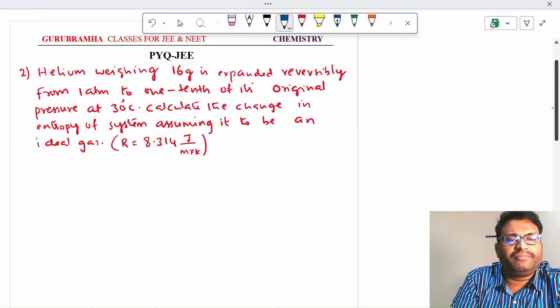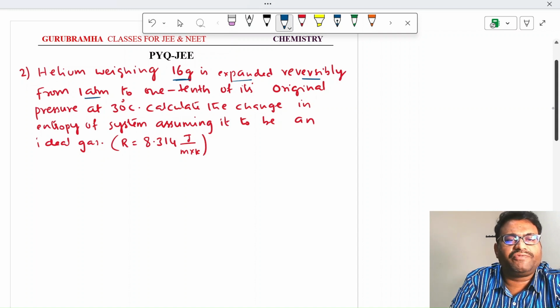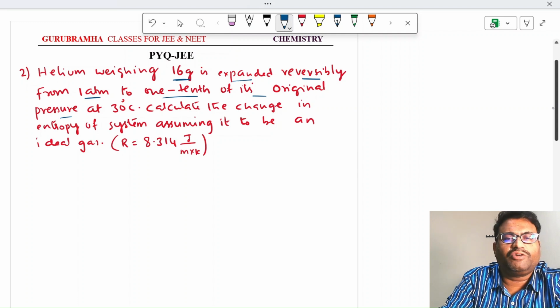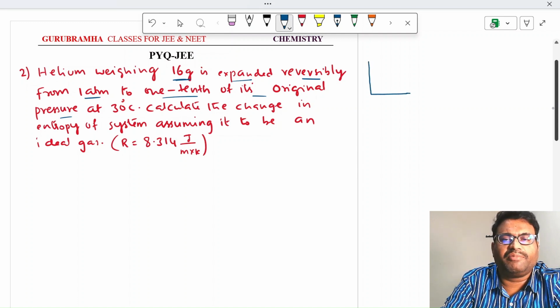So helium gas weighing 16 gram is expanded reversibly from 1 atmosphere to 1/10 of its original pressure. So what I can take here, there is helium gas in this cylinder, it is enclosed.